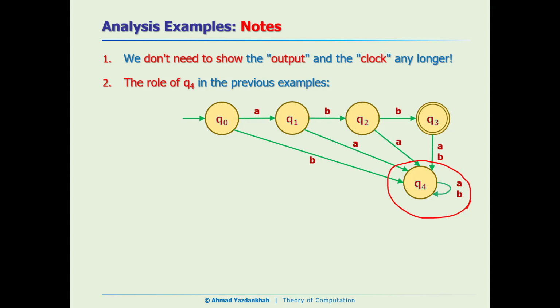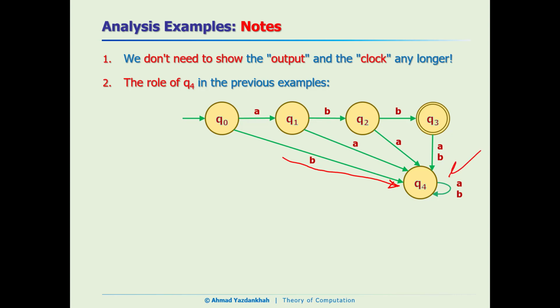Q4 is in fact a trap. What does it mean that it's a trap? When a machine moves to Q4, it can never go out. So it will be stuck here.